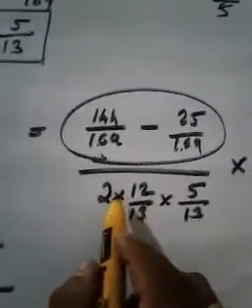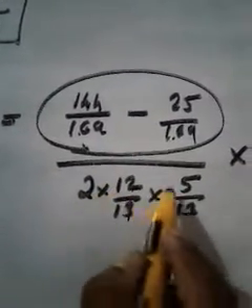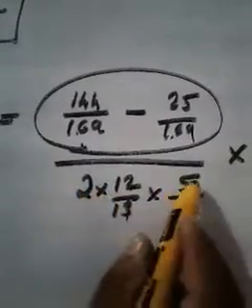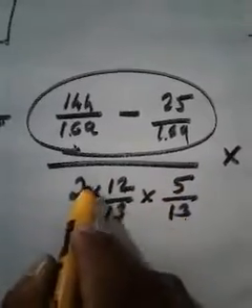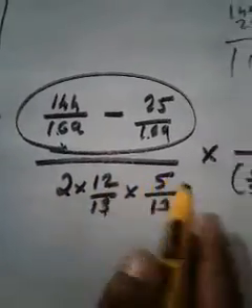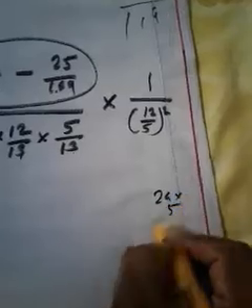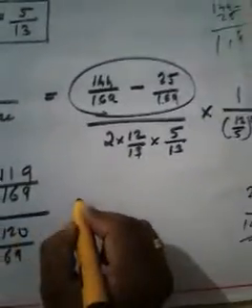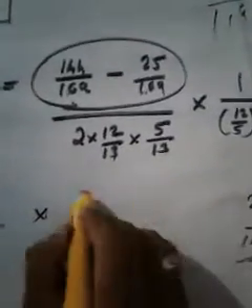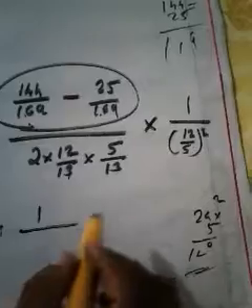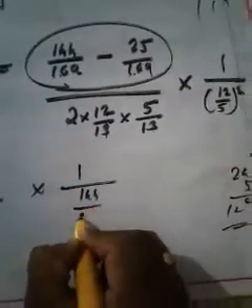When you multiply the numerator, because here the entire operation is multiplication, that's why you can multiply numerator together, denominator together. What is 2 into 24? 2 into 12, 24. What is 24 into 5? 24 into 5 is, yes, 120. So 120 into, see, it becomes 1 by (12 by 5) all square, which is 144 by 25.